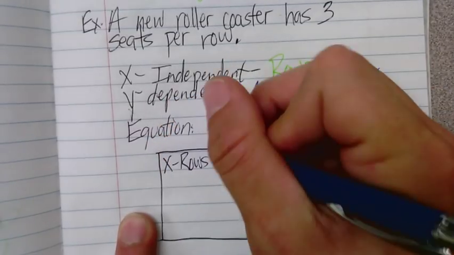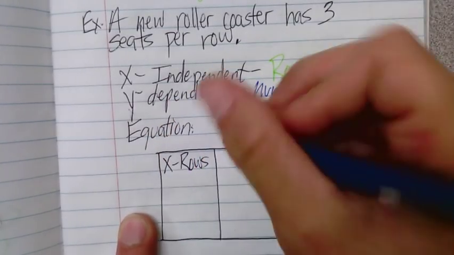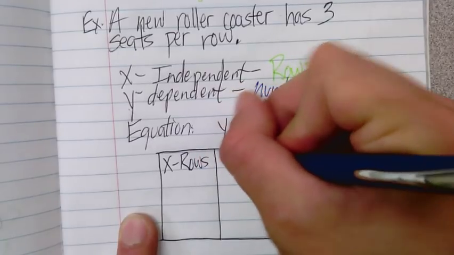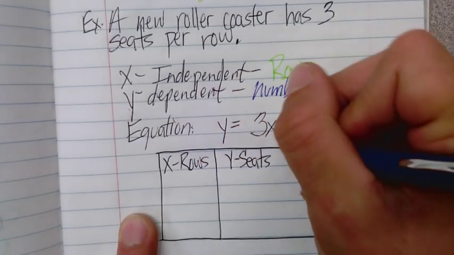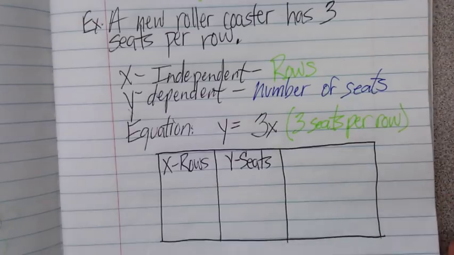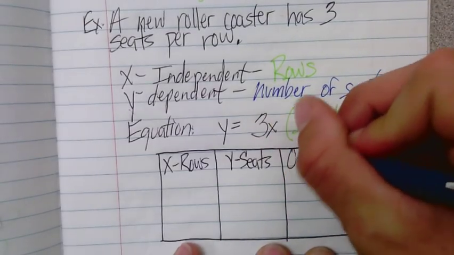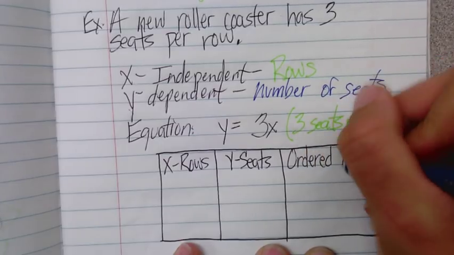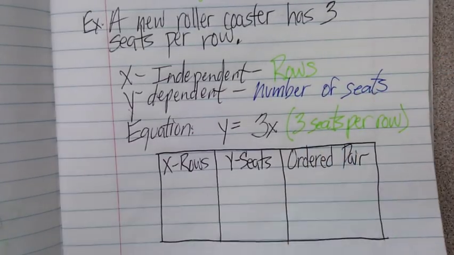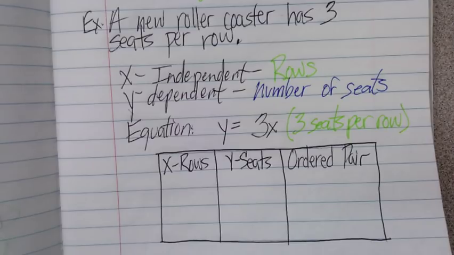The amount of rows. You've been on a roller coaster before, I'm sure. You see the rows, and then the amount of seats that are getting filled up by people, and then you have your ordered pair. And the ordered pair is where we're going to put our little point on the graph.